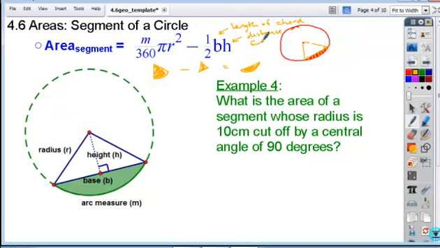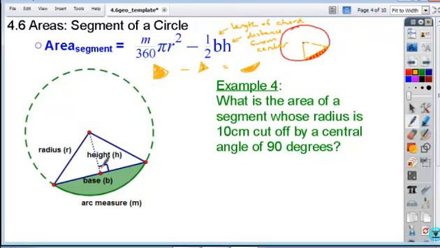Okay, but this is not always going to be the case. Okay? It's in one specific circumstance. Okay? There's an easier way to approach it than using the chord length as the base and the height as the distance from the chord to the center. And that is if your central angle measure is 90 degrees.